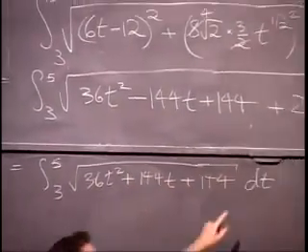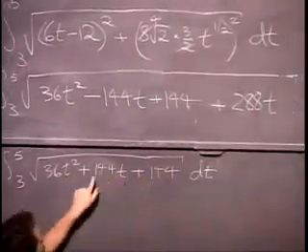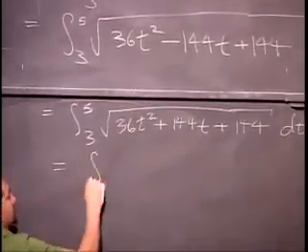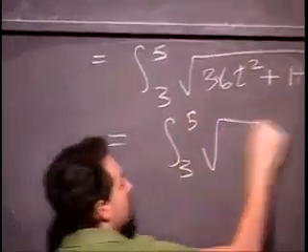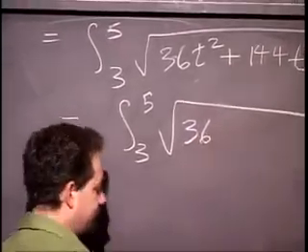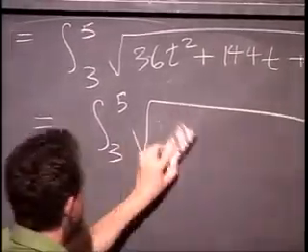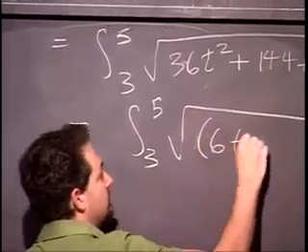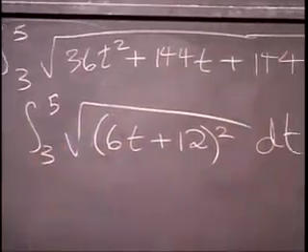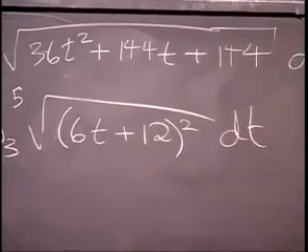Because of this magic number 288, that's changed the minus to a plus. So you can actually factor this directly, that was kind of lucky, into 36, well, let's write it this way, into 6t plus 12 all squared. That was kind of lucky, wasn't it?